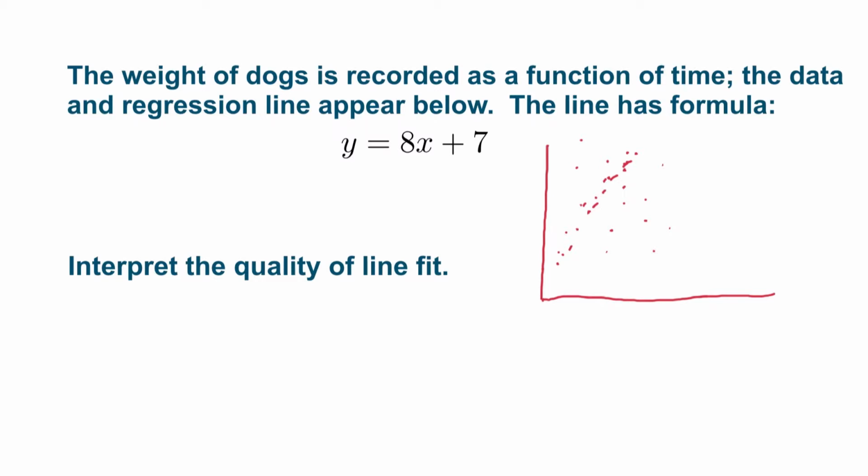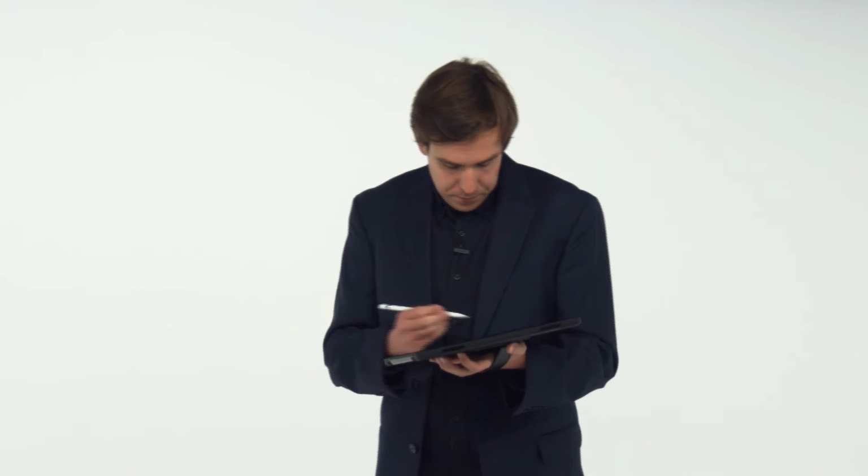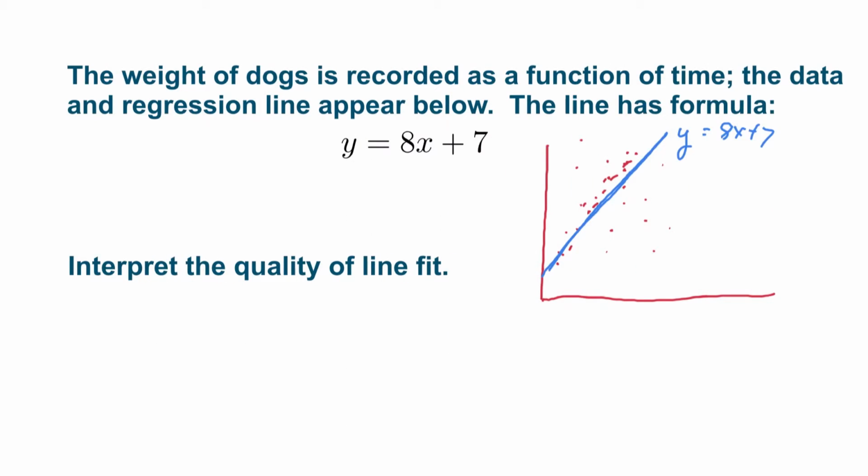And then the line is maybe something like this. So here is y equals 8x plus 7. So first, let's try and understand whether this line is a good fit or not. Does it represent the data? Well, I would say yes, but not incredibly well.